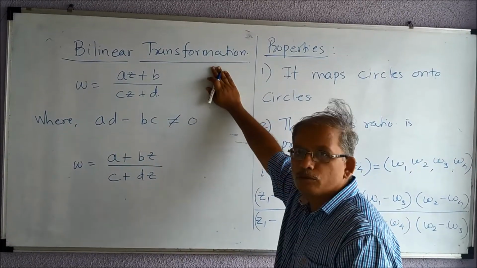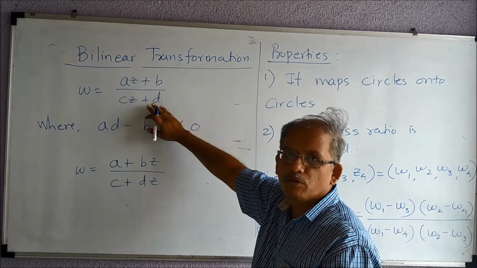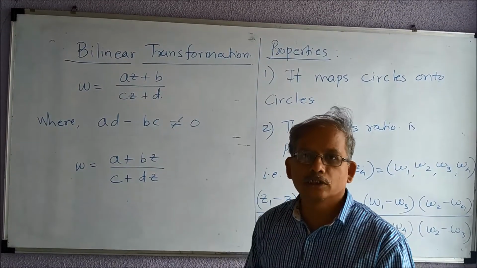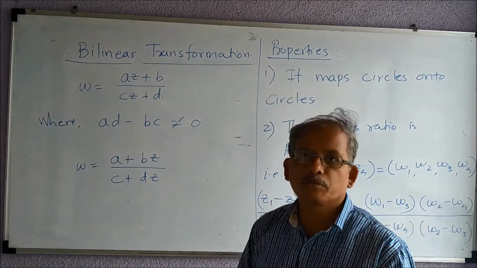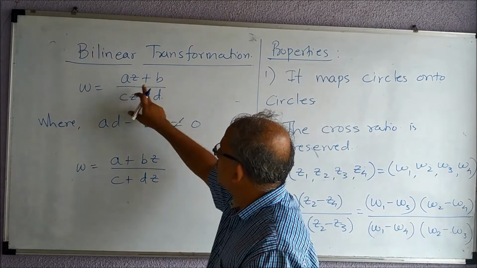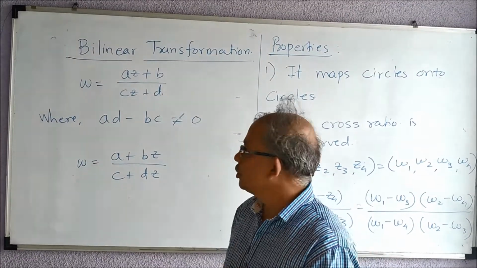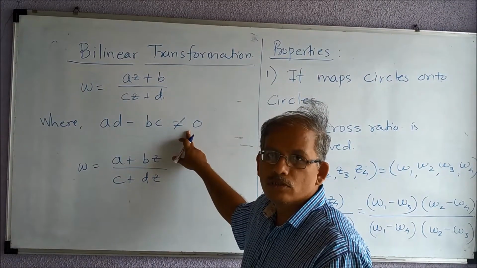So bilinear transformation is defined as W equal to (AZ plus B) upon (CZ plus D). Now this is a rational kind of function where the numerator is a polynomial and the denominator is a polynomial of degree 1. This A, B, C, D are complex numbers, provided that AD minus BC should not be equal to 0.